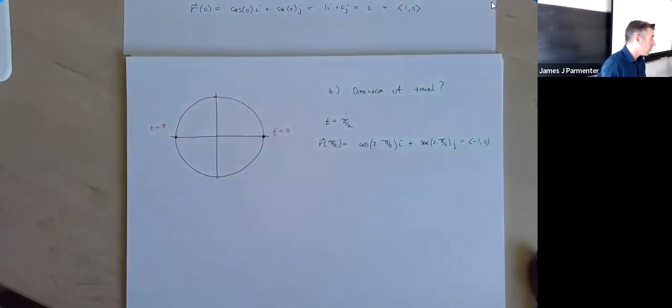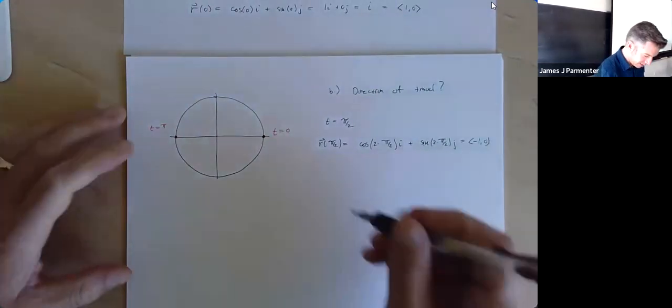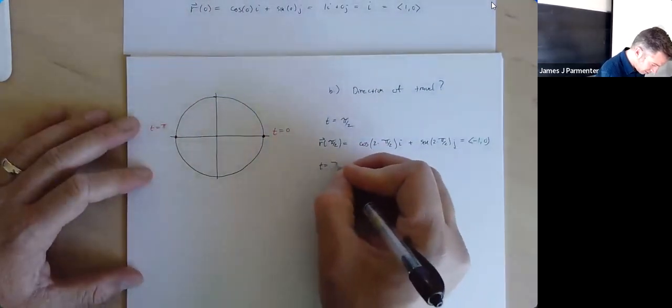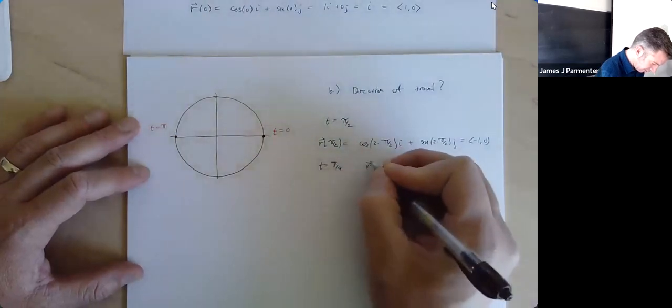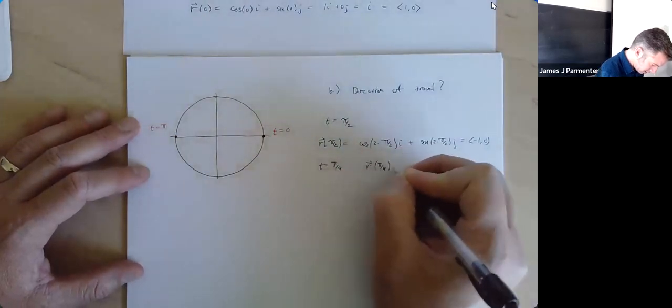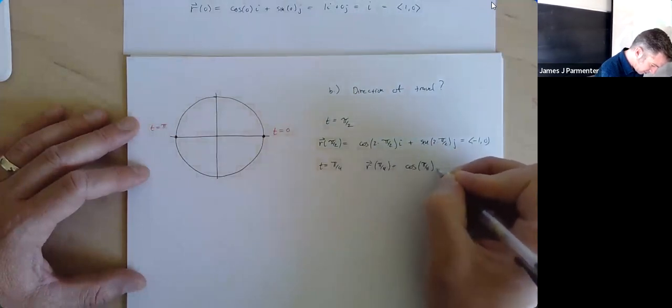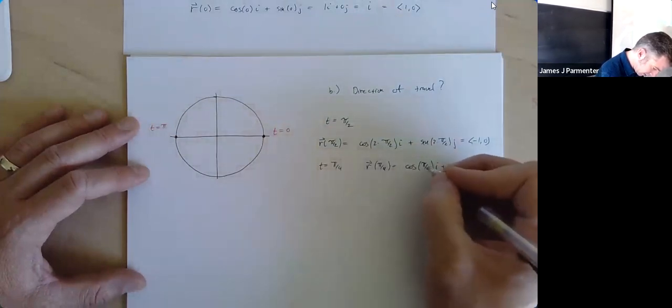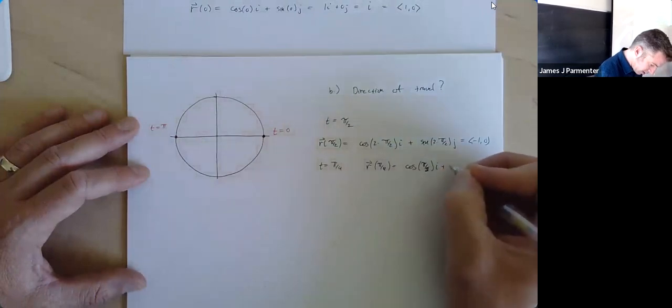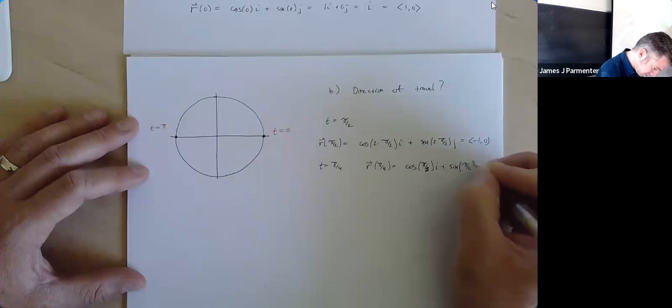So I need to pick a smaller value for t to actually know which direction I traveled. I'm going to pick t equal to pi over 4. Then r of pi over 4 is cosine of 2 times pi over 4, which is pi over 2, i plus sine of 2 times pi over 4, pi over 2, j.